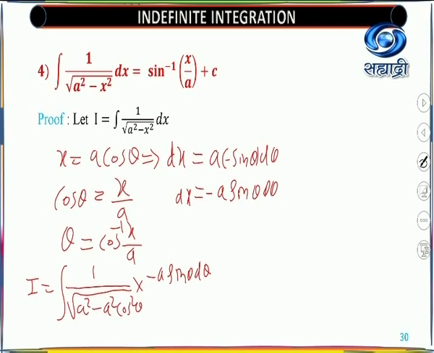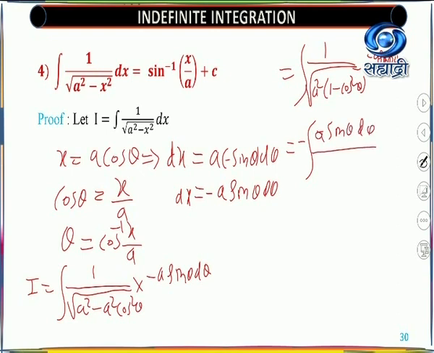So this is integral 1 upon root of a square into 1 minus cos square theta, into minus a sine theta d theta. This is minus sign outside the integral. You will get minus sine theta, a sine theta d theta upon a into root of 1 minus cos square theta. This a and this a will get cancelled.